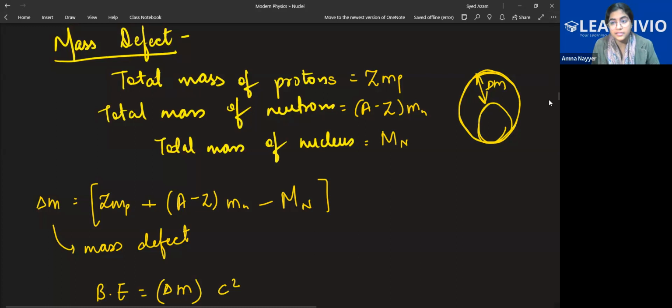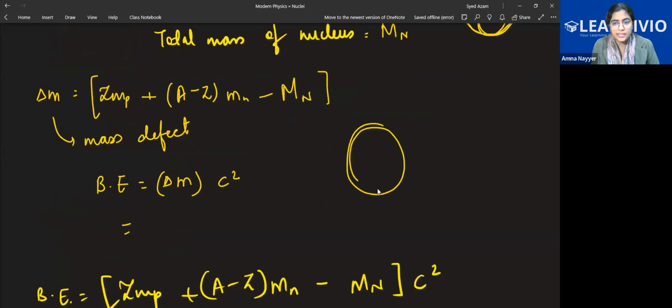And binding energy: this nucleus was intact with the help of a certain amount of energy. Now, if the nucleus breaks into parts, this energy, which was earlier binding the nucleus, also has to be supplied. So this is called the binding energy.